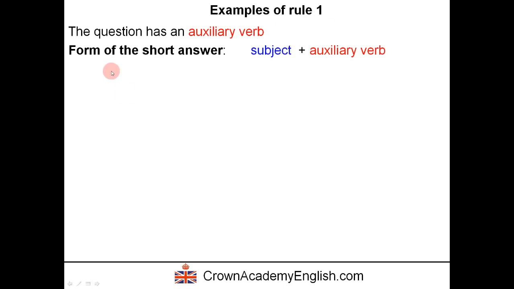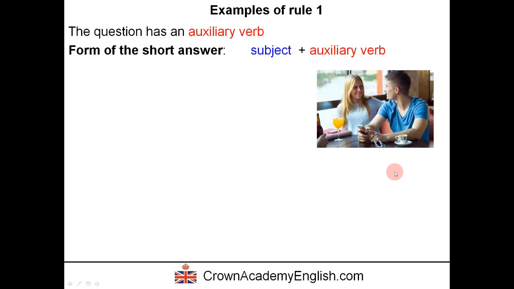So here's the rule again. If the question has an auxiliary verb, then the form of the short answer is subject followed by auxiliary verb. Example. Jane asks, "Is Mark coming to the party?"